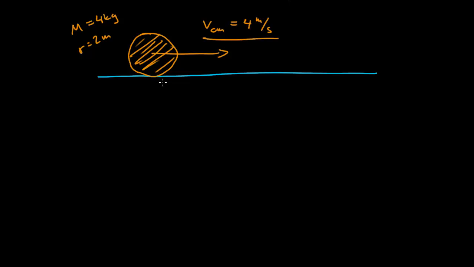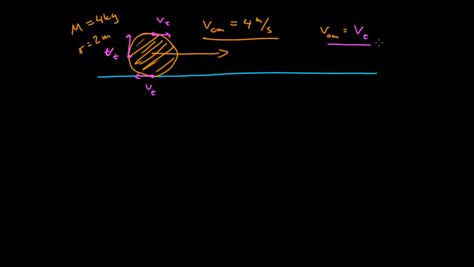So first, we know that the velocity of the center of mass is equal to the tangential velocity at any point at the edge of the disk. So at the edge of the disk, a point has a tangential velocity, and because the object is rolling without slipping, we know that the velocity of the center of mass is equal to the tangential velocity at the edge of the disk.